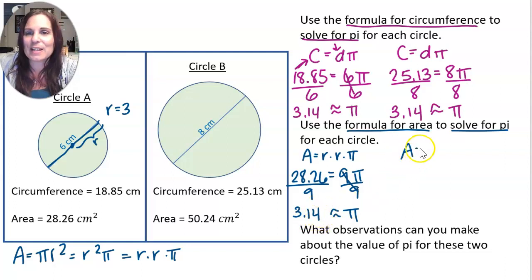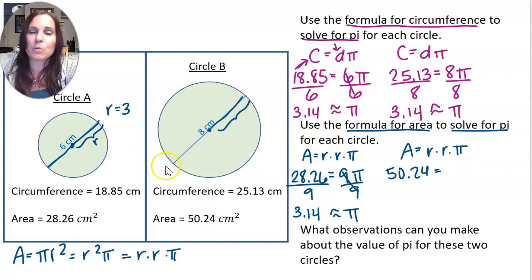All right, one more to go. I'm going to use the same area formula, r times r times pi. This time for area, I'm going to use the larger circle area, which is 50.24. That gets plugged in here, right? Then for r times r, I need the radius of this circle now, right? So if the whole diameter, that's all the way across the circle, is 8, then my radius here would be half of that.